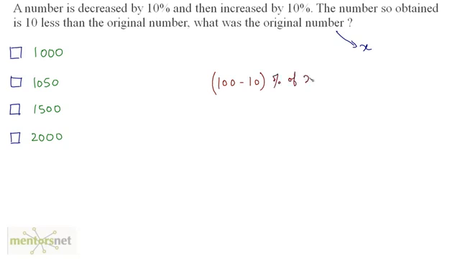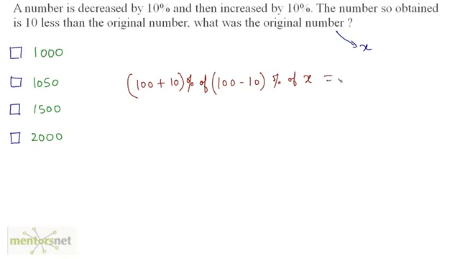Now this value that we get after decreasing the number by 10% is increased by 10%. So to get the final value after increasing, I can write it as 100 plus 10% of the value that we get.